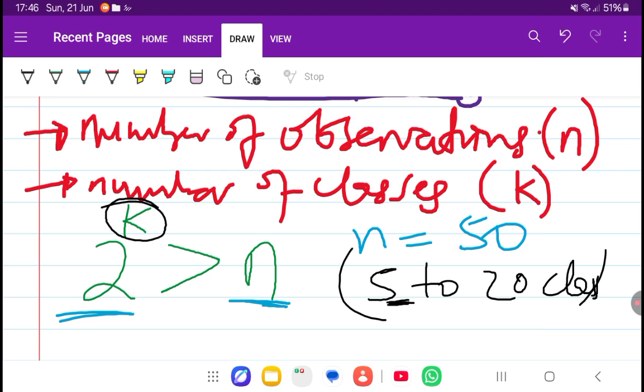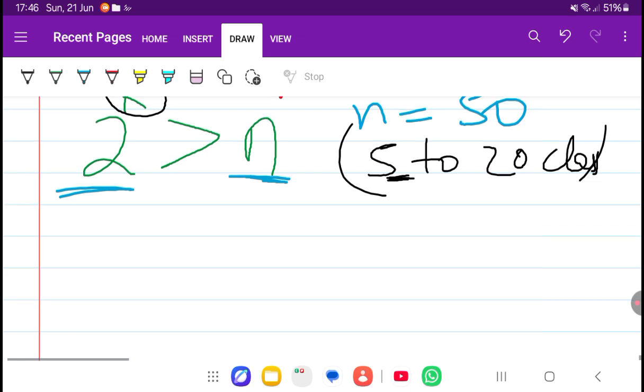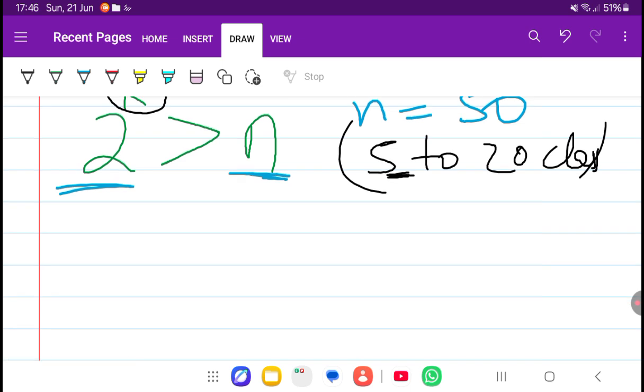Now, this is what you are going to do. You are going to be doing some computation, solving this small equation. You say it is 2, but at least I should have 5 classes. 2 to the power 5. The question is, is this greater than 50?